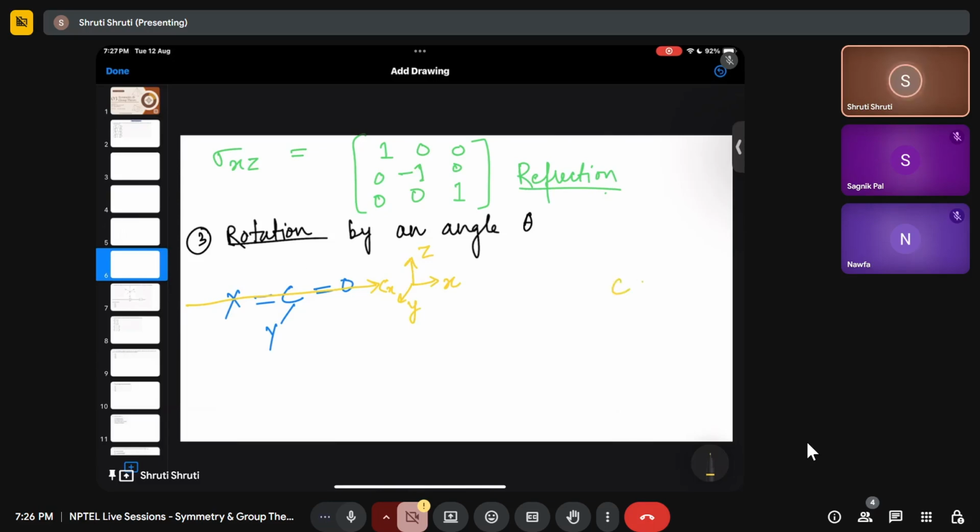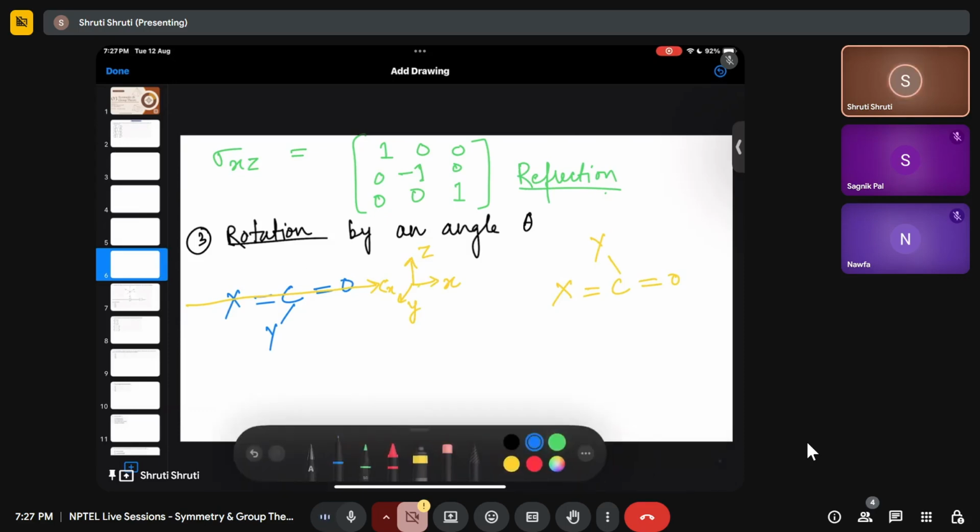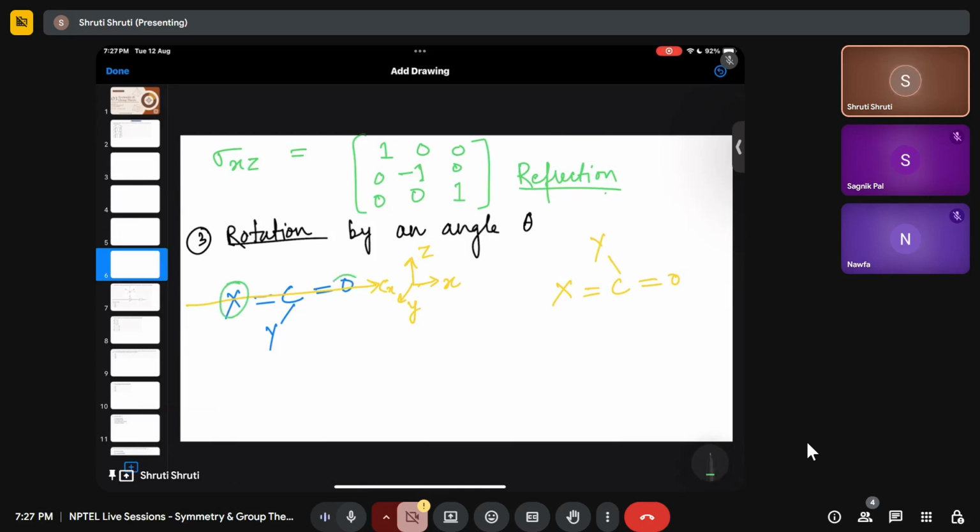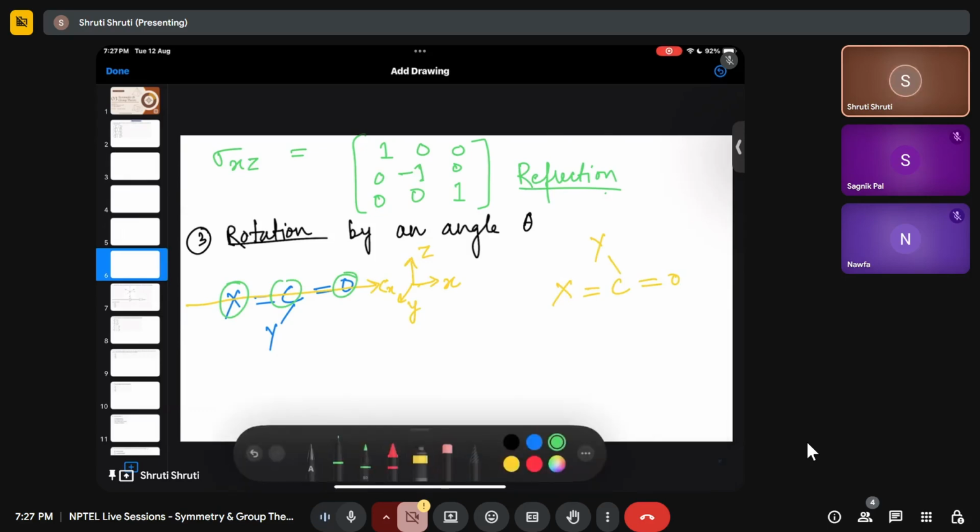How will this molecule look? It will become like this, right? Or rather I should write it like this if you want to keep the end like this. So here the atoms which were on the x-axis, like these atoms X, O and C, did not change their places, but the atom which was on the y-axis changed its place.